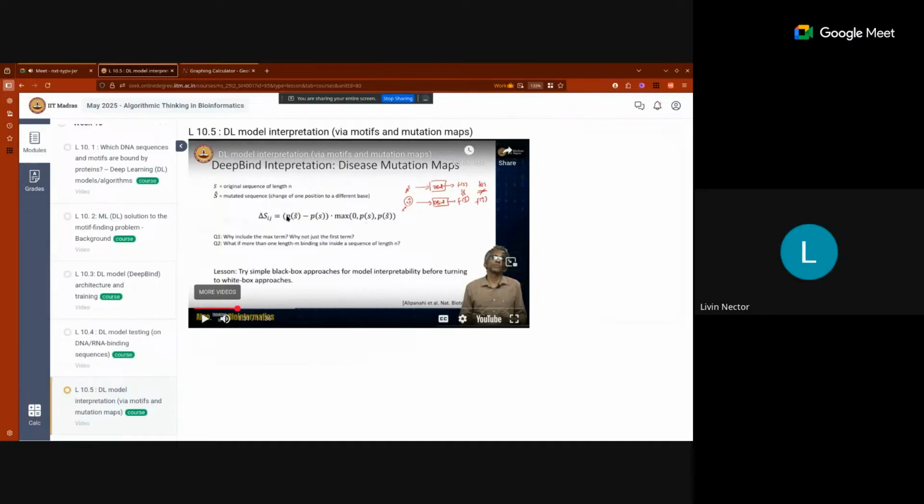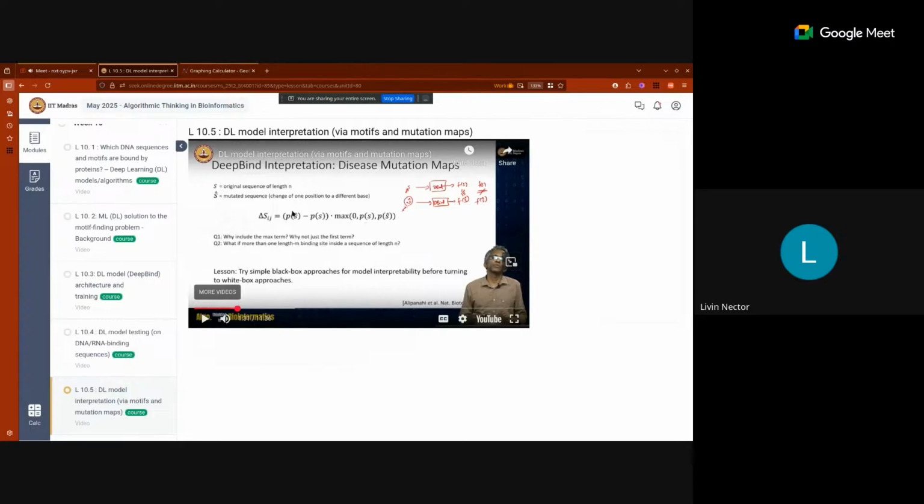That is why we are weighting the difference using the maximum. But if one of these, for example the original sequence, has a very high probability and the mutated sequence has a very low probability, we weight the whole difference using the maximum. That is the significance of this max.